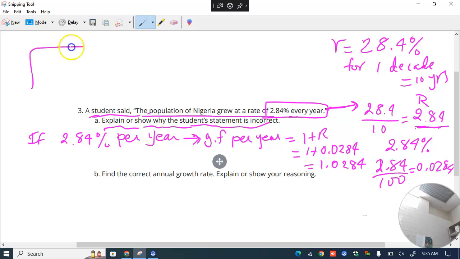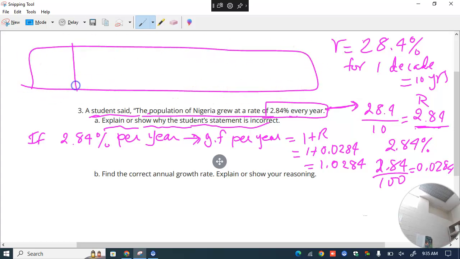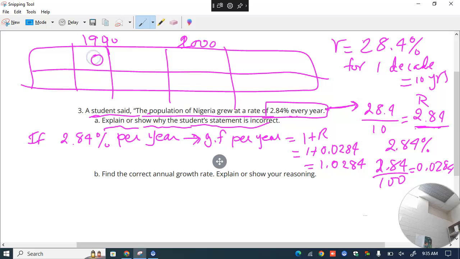Now let's say this is 1990 and this is 2000, so this is 0 and this is 1, and here I'll put 1, 2, 3, 4, 5, 6, 7, 8, 9, 10. We want to know this piece, which is 1 year.